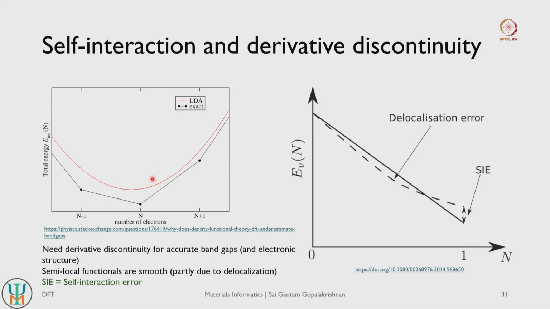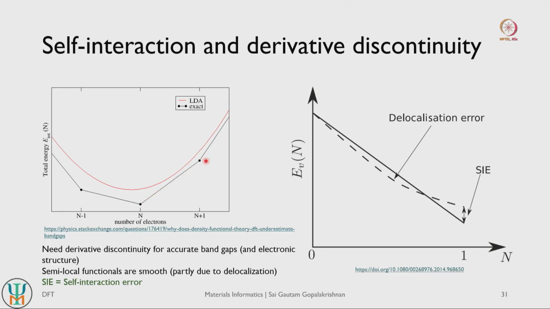Because these systems are not physical, if you want to calculate the energy of a system that has half of it with n electrons and half of it with n plus 1 electrons, for example, you take a weighted average of the fraction of the system that has n electrons and the fraction that has n plus 1 electrons, right. So you only take a weighted average between this n electron energy and n plus 1 electron energy.